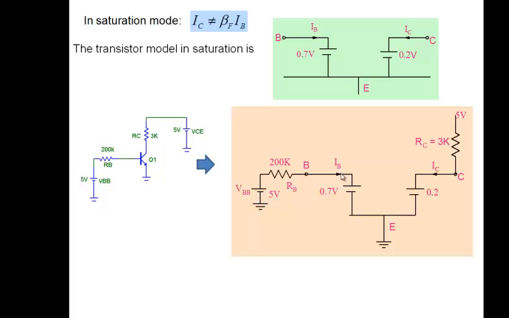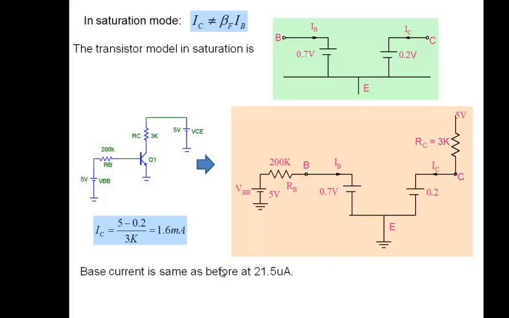We can calculate base current through this one loop here, and collector current now I can calculate through simply this part here. 5 minus 0.2 divided by 3K, it gives us 1.6 milliamperes. Collector current is calculated from here, and base current as usual we have calculated earlier, 21.5. If I take the ratio IC by beta times IB, look, it turns out to be 0.744. So it's clearly telling us that indeed my transistor is in saturation region here.